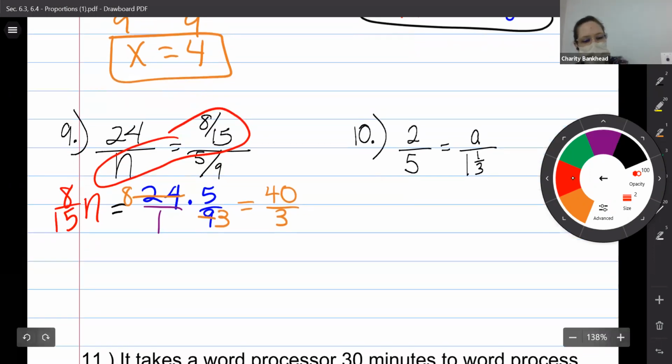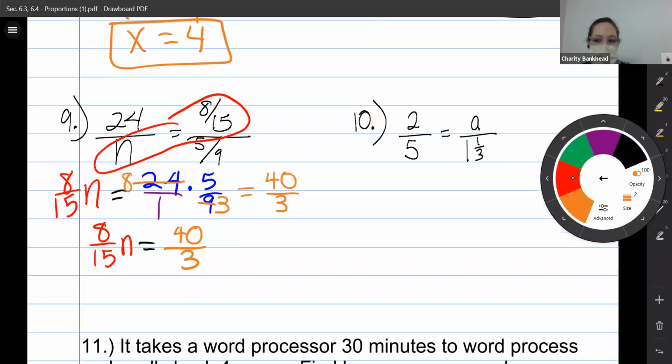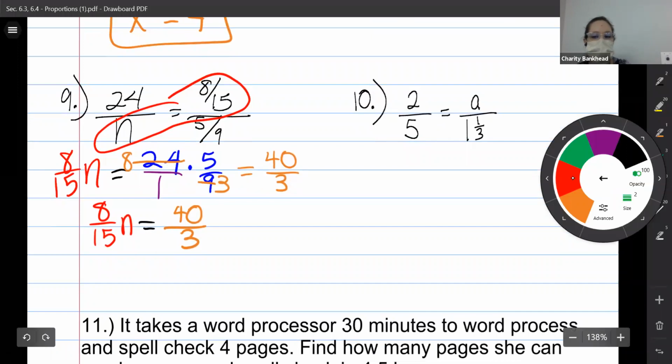So I have 8/15 n equals 40 over 3. To get n by itself, I would divide by 8/15, which is the same thing as multiplying by 15 over 8.